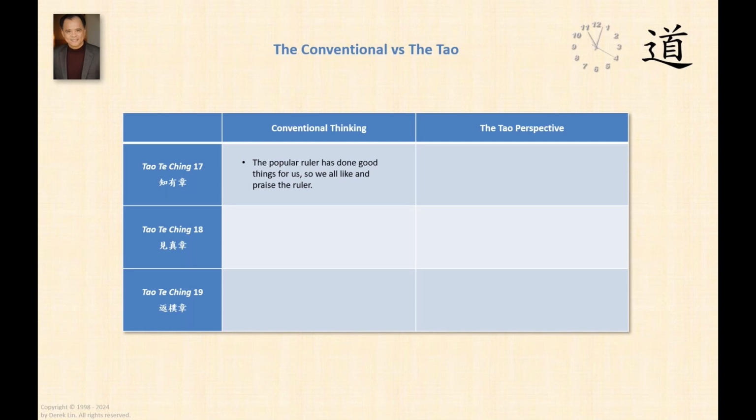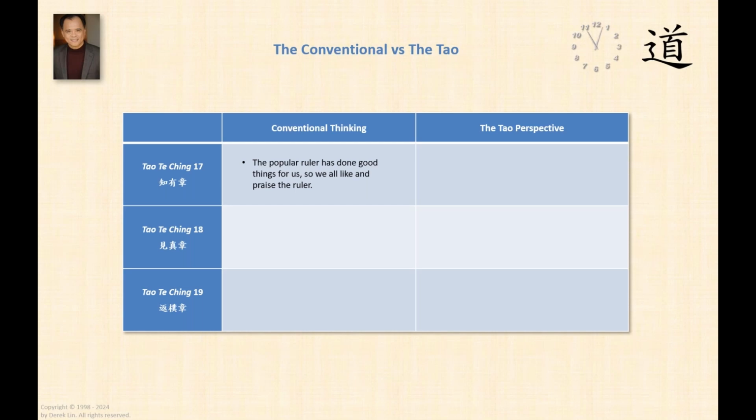Why not? Because this, by nature, is not lasting. Rulers come and go. So this goodness will last as long as the good ruler is ruling. It will last as long as the good ruler's nature does not change, that he or she remains good.